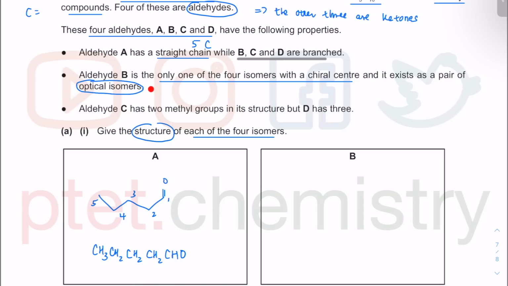The only way you can tell them apart is by using plane polarized light, because they have opposite optical activity. That's why it is called optical: they rotate the plane polarized light in opposite directions. All their melting points, boiling points, solubility, and other physical and chemical properties will be exactly the same.